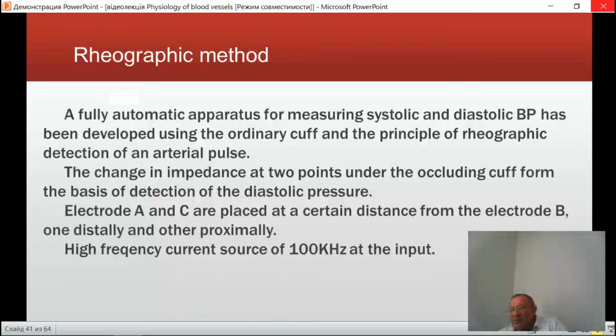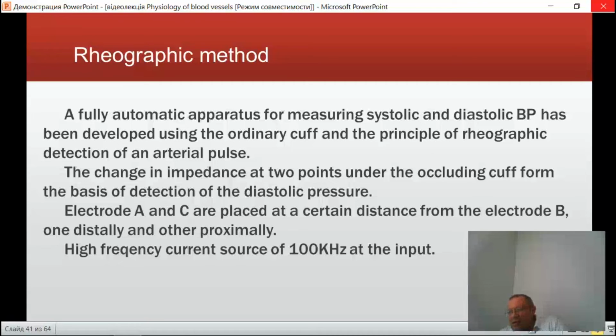Rheographic methods: a fully automatic apparatus for measuring systolic and diastolic blood pressure has been developed using the ordinary cuff and the principle of rheographic detection of an arterial pulse. The change in impedance at 2 points under the occluding cuff forms the basis of detection of the diastolic pressure.